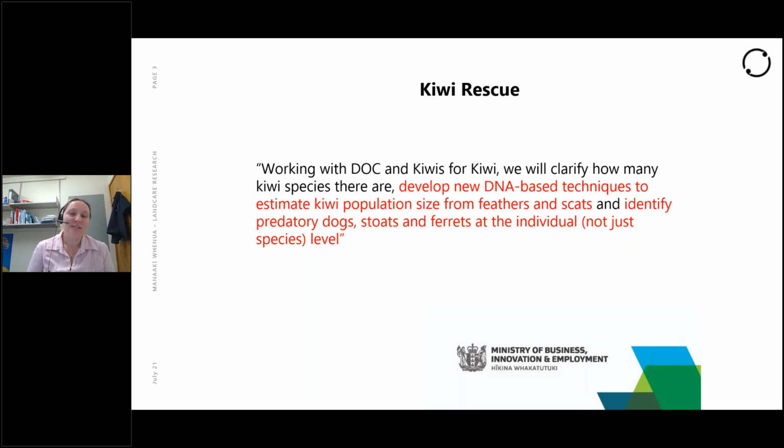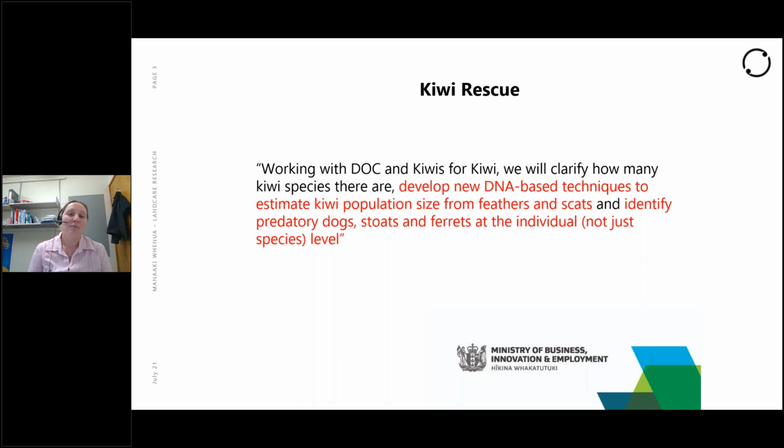So as we've said, this is part of the large Kiwi Rescue Endeavour program. And what I've got here is a sentence that was taken from the public release when the funding was first granted. And the sentence says, working with DOC and Kiwis for Kiwi, we will clarify how many Kiwi species there are, develop new DNA-based techniques to estimate Kiwi population size from feathers and scats, and identify predatory dogs, stoats, and ferrets at the individual, not just species level.